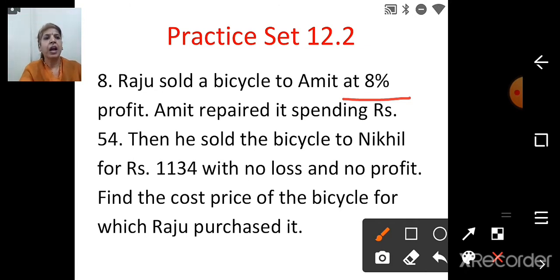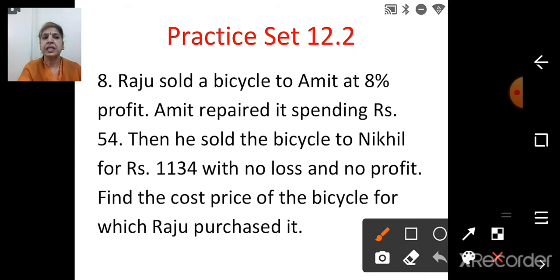Okay. Now Amit purchased it from Raju, and he spent rupees 54 and then he sold it to Nikhil with no loss, no profit, but he has spent rupees 54.